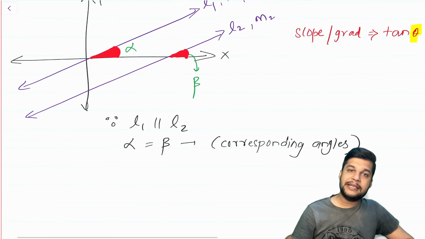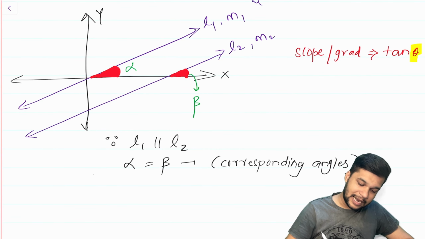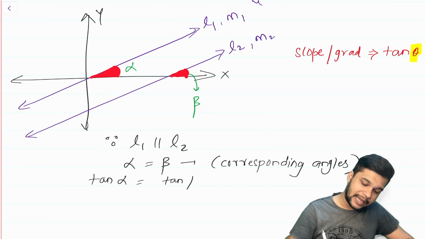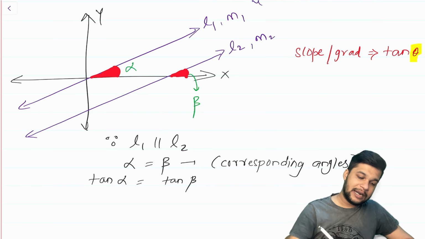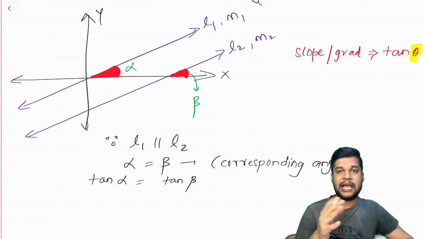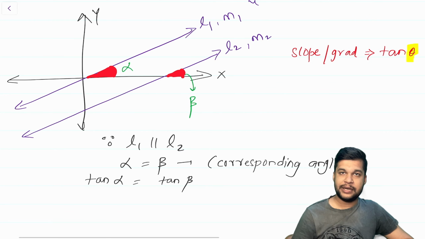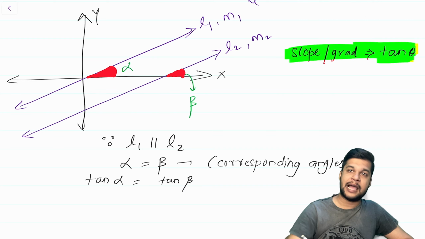Okay, so guys, since alpha is equal to beta, can I say that tan of alpha will be equal to tan of beta? And what is tan alpha? Tan alpha will be the slope of line L1. Alpha is the angle at which L1 is inclined. So if you take tan of alpha, it will give you slope, right? That's what we have learned: slope or the gradient is tan theta.